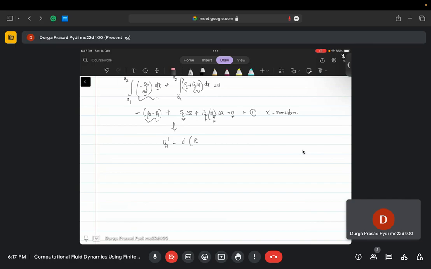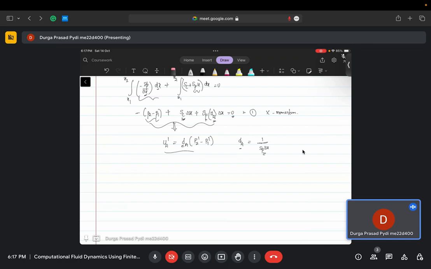So what is the value of this d? I'll just write dA. You can get it from this equation, right? It is delta x by, or 1 by, SP times delta x, right? Yes sir. So this will be your dA. So this is your pressure correction equation.